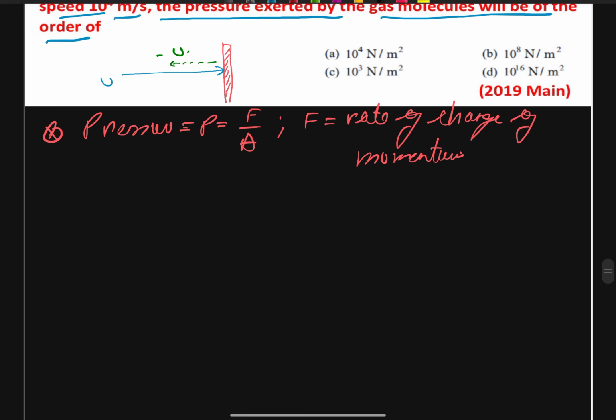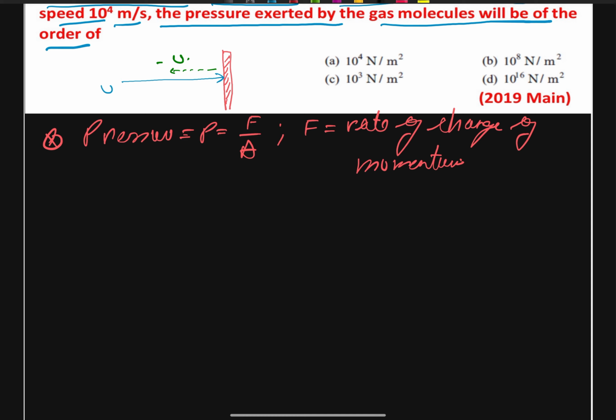So we can find out the change of momentum, which is nothing but our delta p.